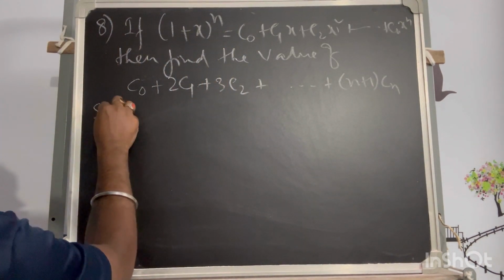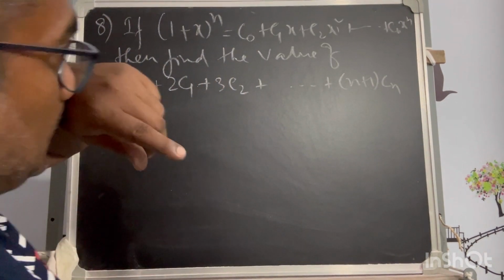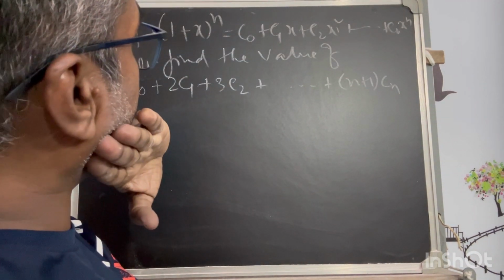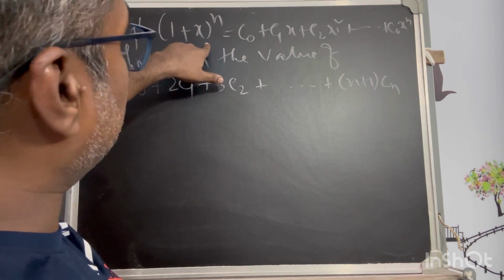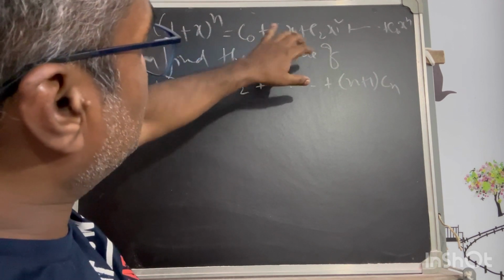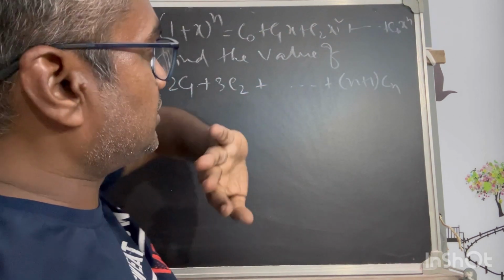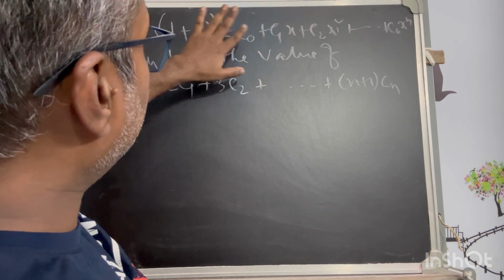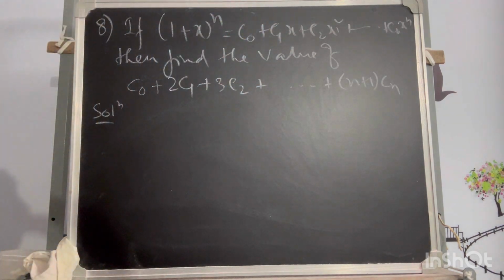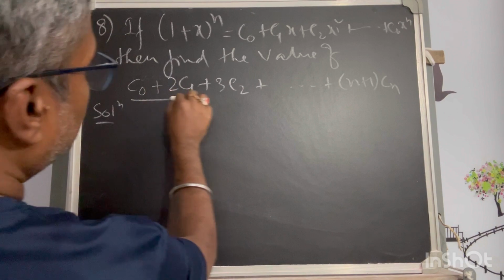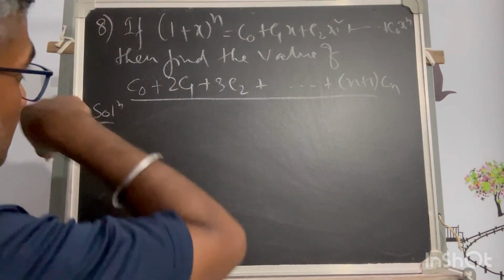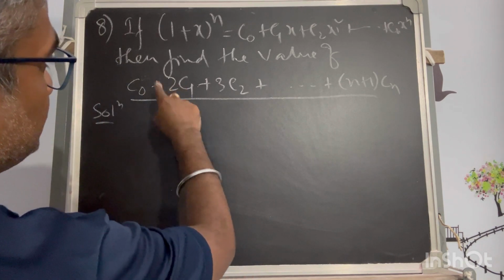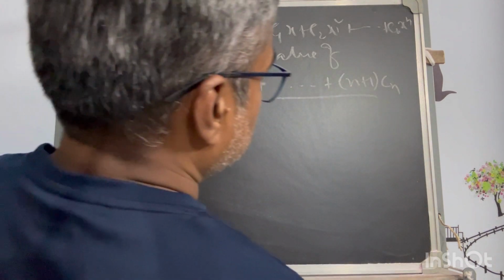Okay. By using this series, the only help that I can get from this is that if I put x is equal to 1, I will get the sum of the coefficients. That is the only help that can be achieved from this expression. Okay, fine. Now if I look at this series, you can see it is not only the coefficient that is being multiplied with other constants.